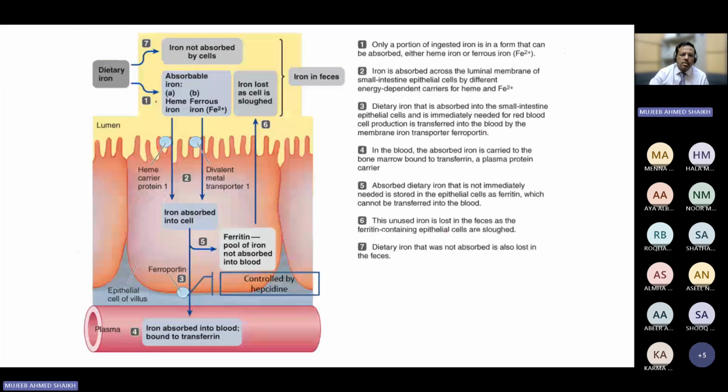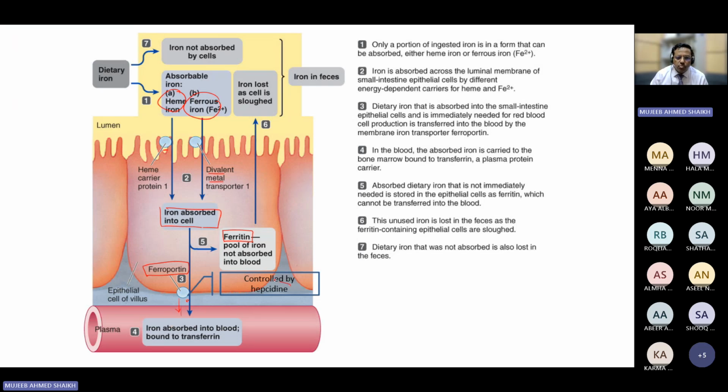Here it is. Dietary iron in the form of heme or ferrous iron, with the help of a specific protein, heme carrier protein or divalent metal transporter, will come into the cell. If it is not needed at that moment, it will be stored as ferritin. If it is required by the blood, then through ferroportin it will be transported back into the interstitium and then into the blood.